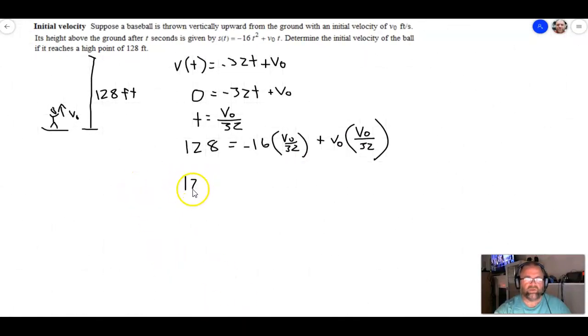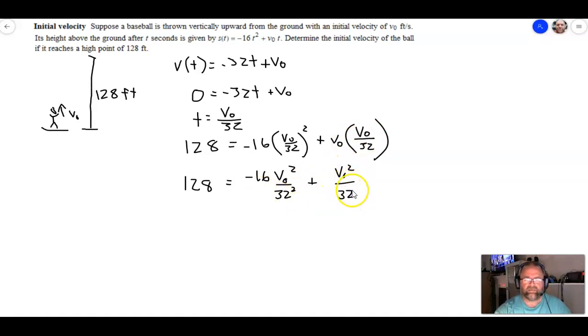So I've got 128 is equal to negative 16, oh, this should be a squared right there. I forgot, I left that squared out. Negative 16, and then v naught over 32 squared. I'm just going to write that as v naught squared over 32 squared plus, and v naught times v naught is v naught squared all over 32.